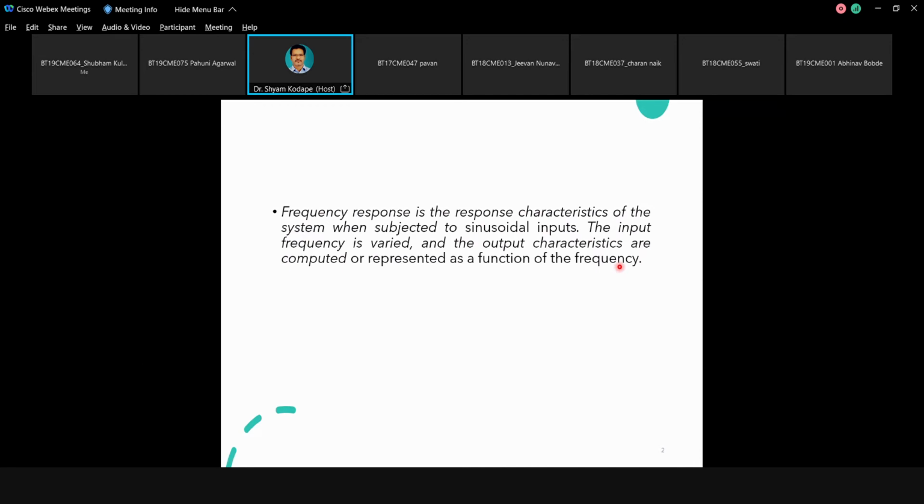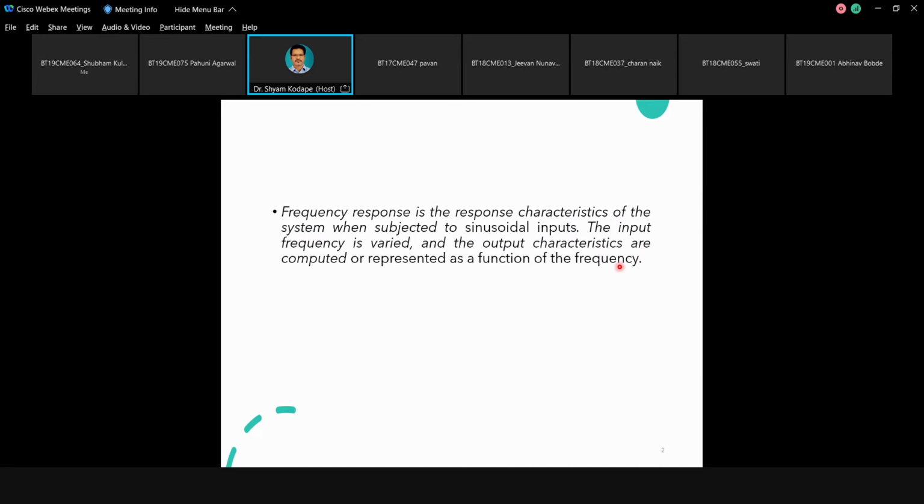What are the characteristics of a sinusoidal wave? These are amplitude ratio and theta, which we have discussed earlier. In the sinusoidal wave we calculated the amplitude ratio and theta. If you observe, the amplitude ratio is a function of omega, and theta is also a function of omega.